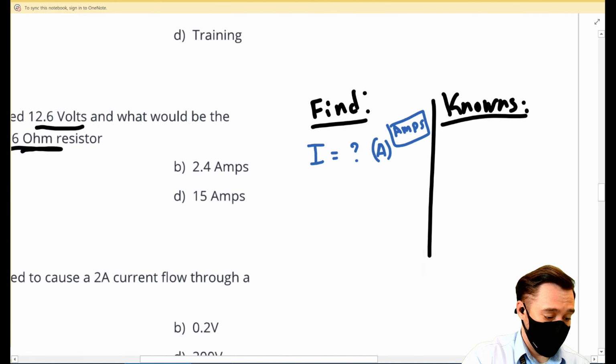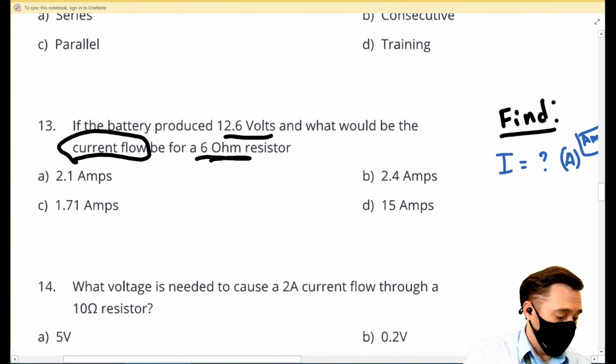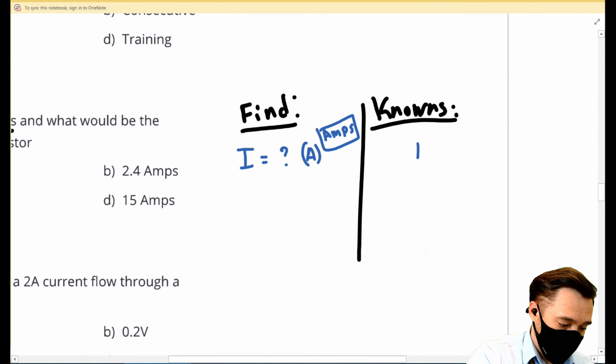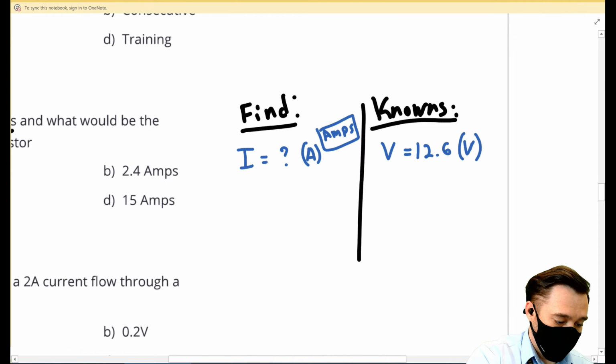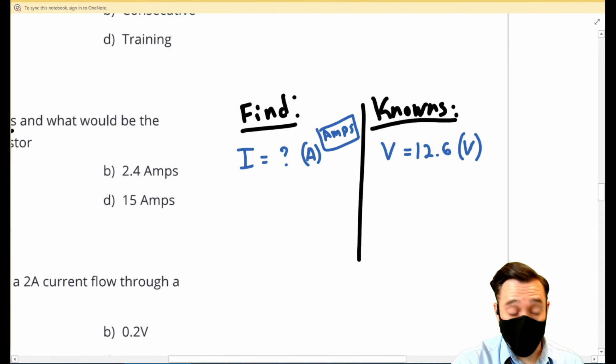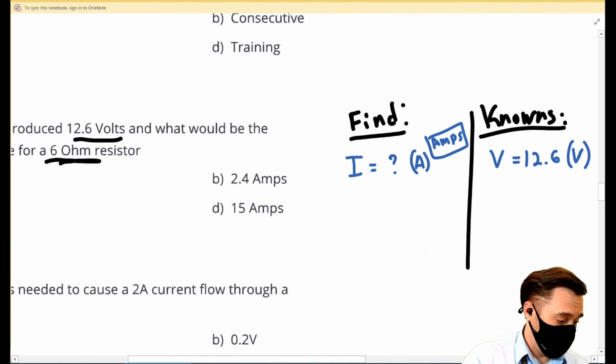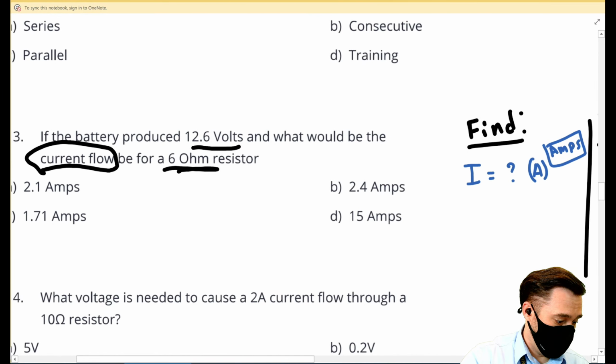How many amps is going to be going through this circuit? And then we have 12.6 volts. So 12.6, and volts is a capital V. And the variable that represents volts is a capital V. Okay.